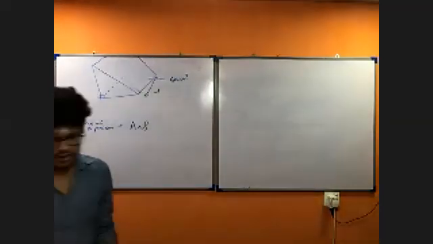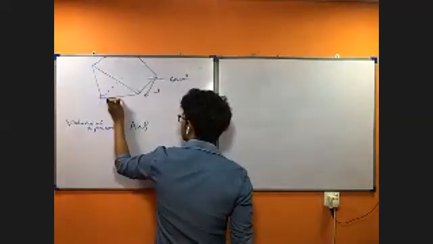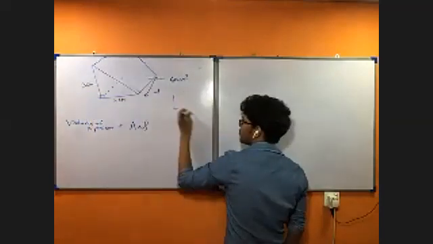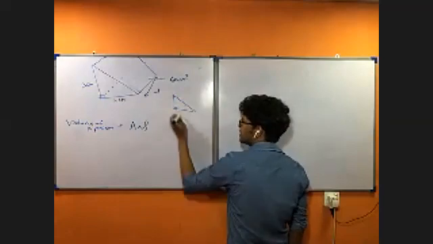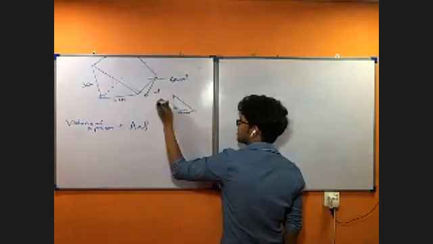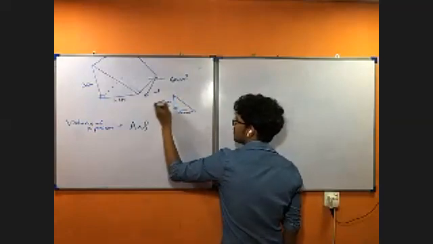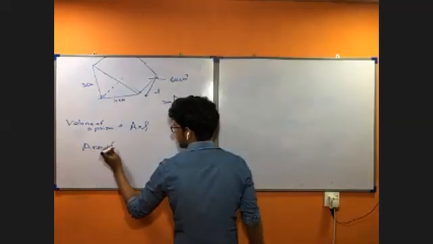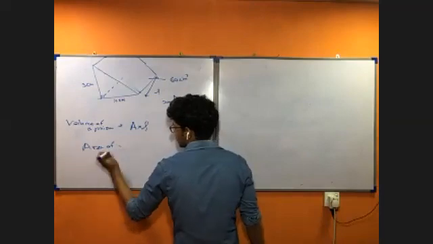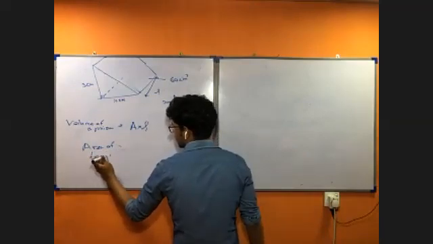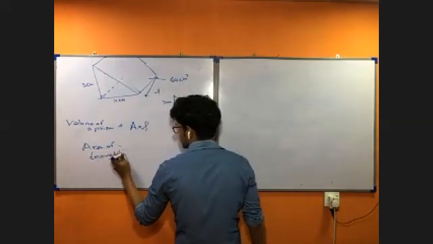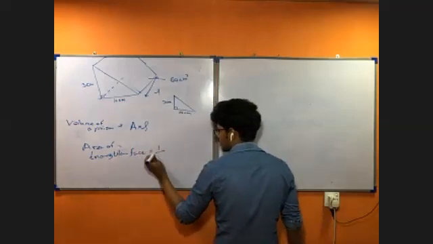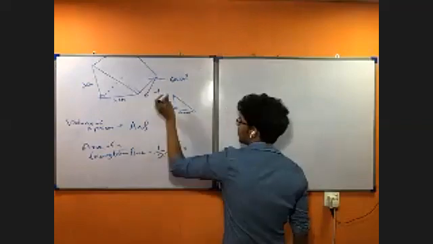It is given, this is 4 centimeters and this is 3 centimeters. So no problem, right? We have a triangle. This is 90 degrees. So we can find the area of the triangular face. Area of the triangular face is going to be half into base, which is 4, into perpendicular height, which is 3.